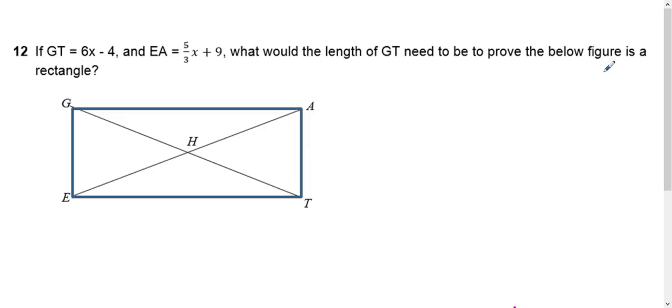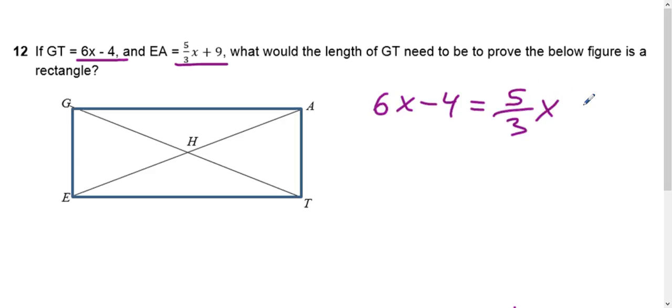So if this is a rectangle, that means diagonals are congruent, which means that GT will equal EA. To solve this, we're going to add the 4 over. We get 13 on the right. We're going to subtract 5/3 x.